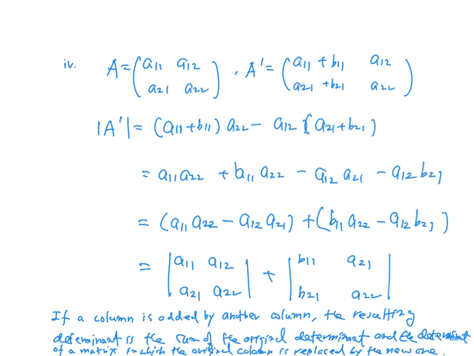Can you read? Another long sentence. So it is, if you add a particular column by another column, new column, then the determinant is the sum of the original determinant and the determinant of a matrix in which the original column has been replaced by this new one.